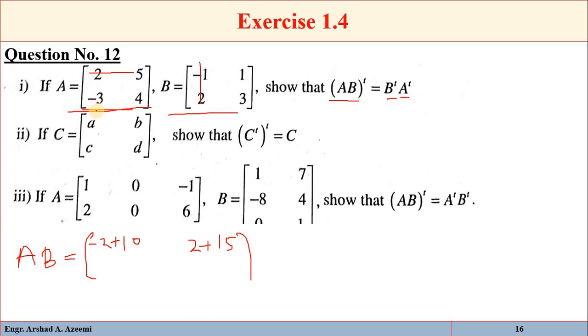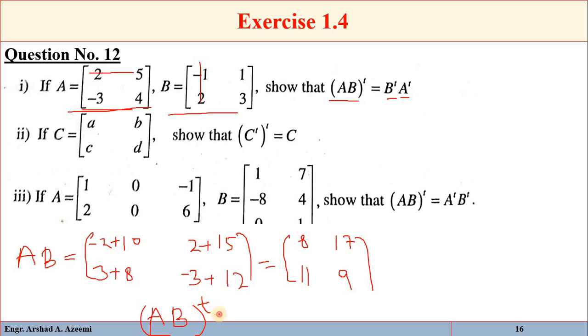Second row with first column, minus 3 multiplied by minus 1, that will be 3, and 4 multiplied by 2, that will be 8. Now second row with second column, minus 3 plus 12. Just simplify it, so it will be 8, 17, 11 and 9. Now take the transpose, AB whole transpose. That will be equal to 8, 11, 17 and 9.